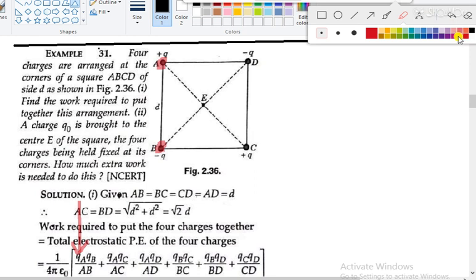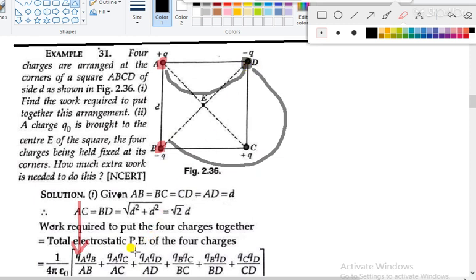Now students, let's suppose we are moving D from infinity to A. D, this charge from infinity to D. So when we are moving this charge from infinity to D, there will be potential due to two charges, potential due to A also, potential due to B also.